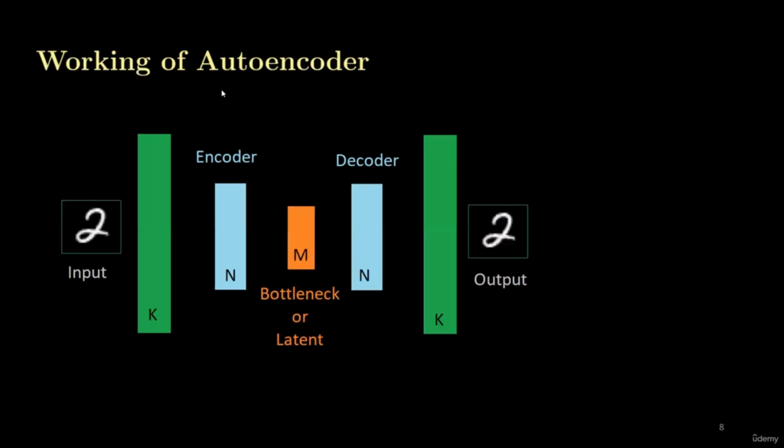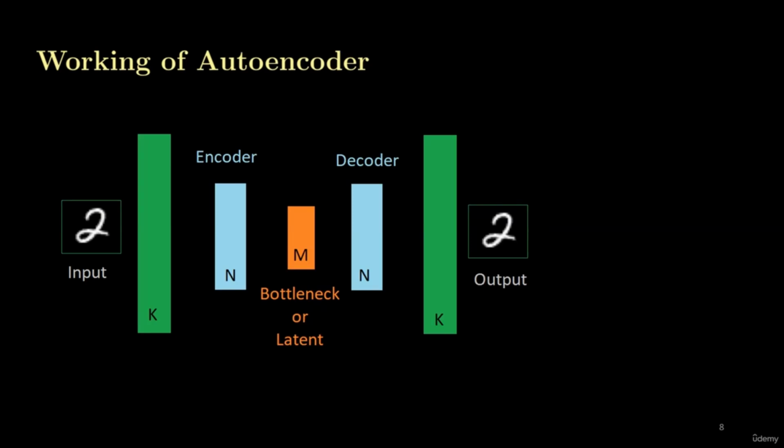So this is the working of the autoencoder. We can see that we are inputting an image to the input layer of the autoencoder, and we are expecting the autoencoder to produce the same image at the output. Between the input and output layers, there is an encoder, a latent layer, and a decoder, which work on the input, extract features from it, and reduce its dimensionality.